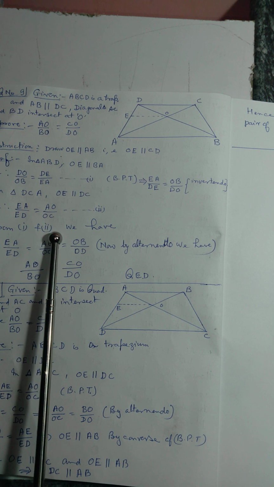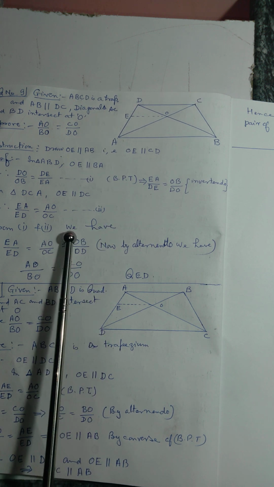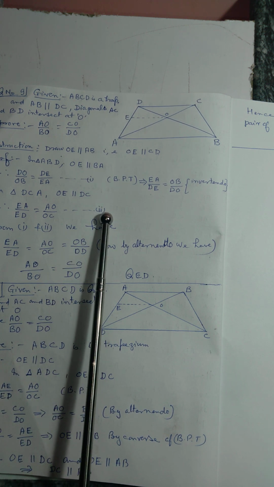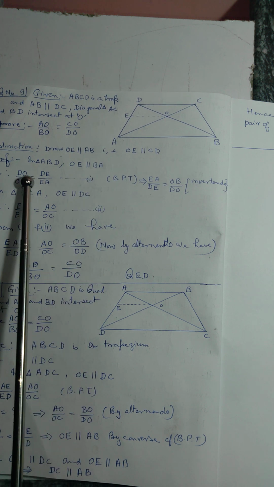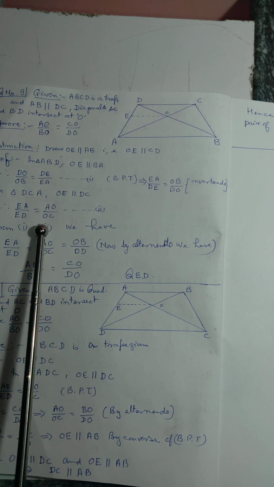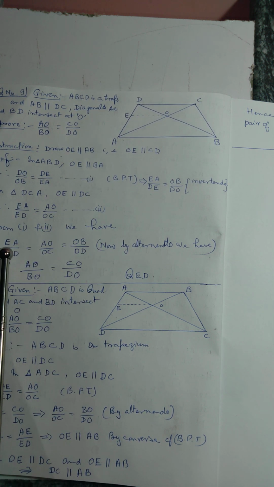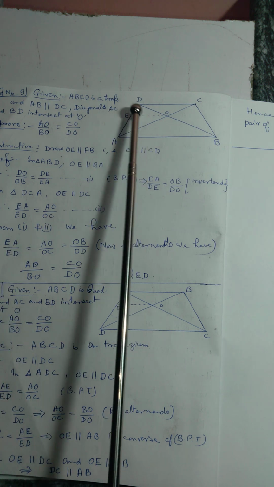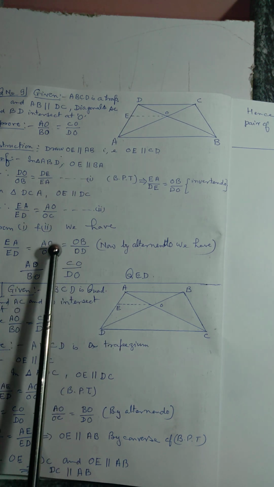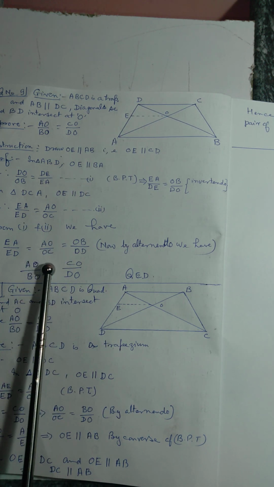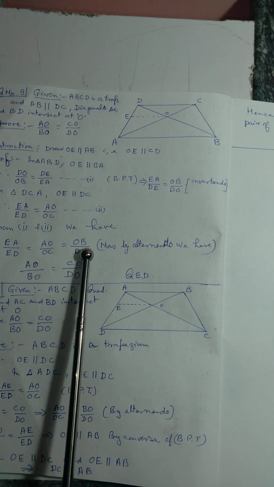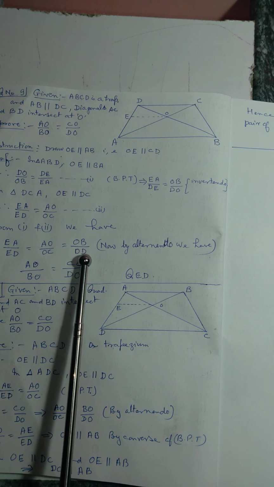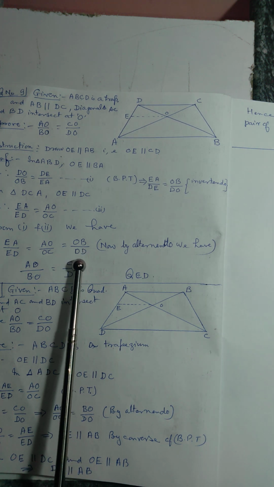From 1 and 2 we have, see, this is the second and this is the first one. So from the first and second we have EA upon ED is equal to AO upon OC, and that will be equal to OB upon OD.